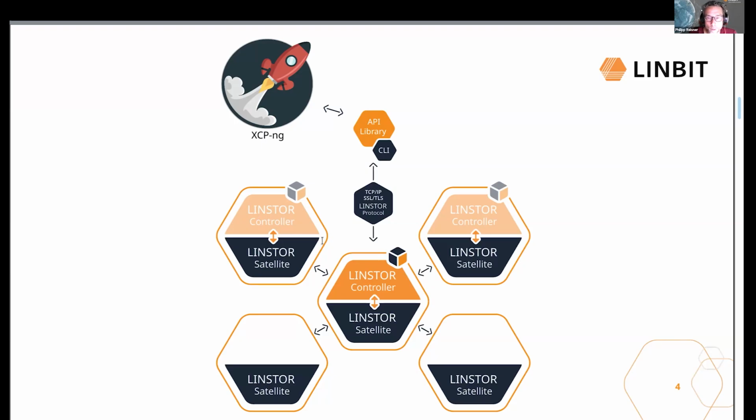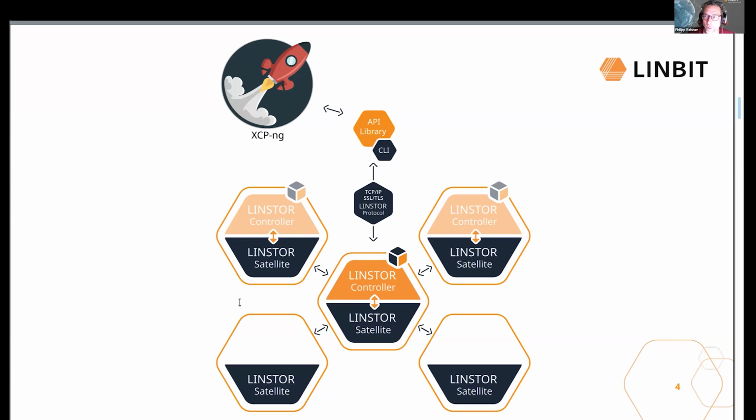And all that we see here is just, let's say, the control structure. So what LINSTOR is doing. The actual data volumes, that are the DRBD volumes, are independent from this control structure after they got created.